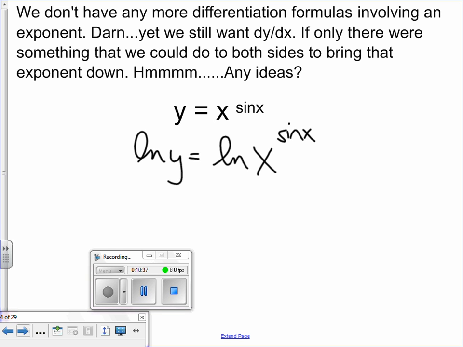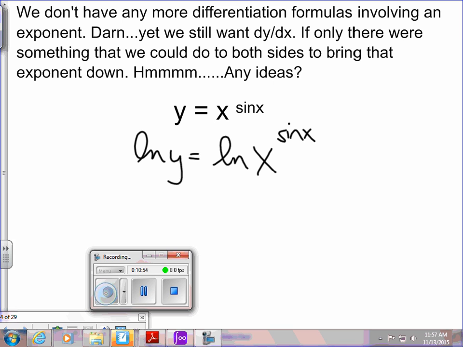Okay, but here's the thing, guys. We know how to differentiate natural logs, right? We're very good at that. So can we use, I do think this was a good idea, taking the ln of both sides. Here's the problem. We want the derivative of x to the sine x.